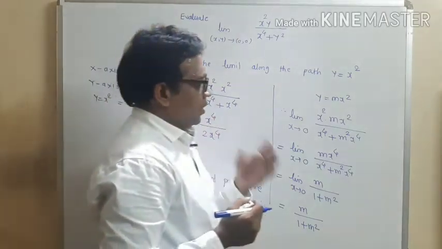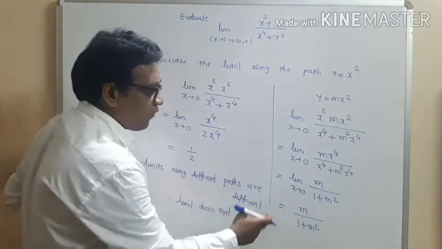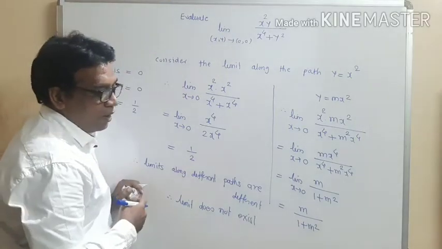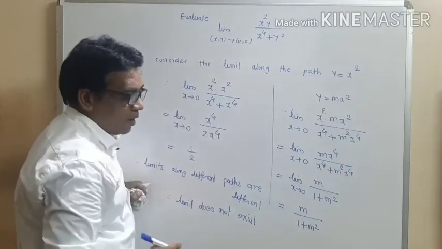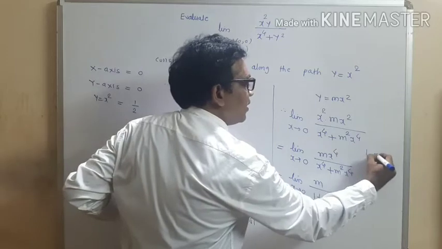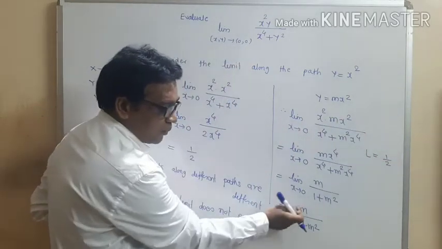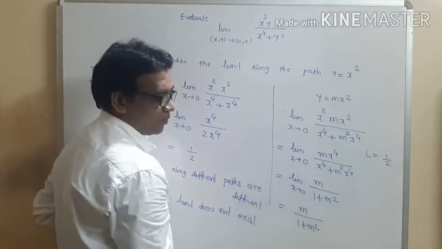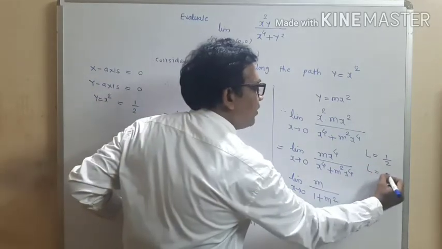Now see, if we use this path y equal to mx square, then we have found this limit as m upon 1 plus m square. Now what is this m? M is some constant number. Now suppose we put m equal to 1, then what we get? We get limit equal to 1/2. If we take m equal to 2, then this limit will be 2/5.